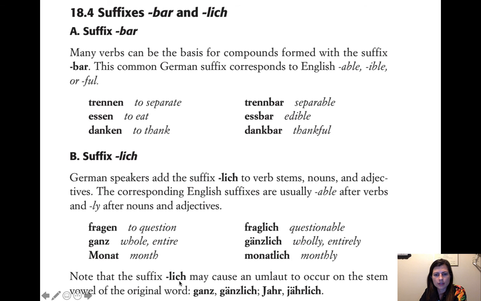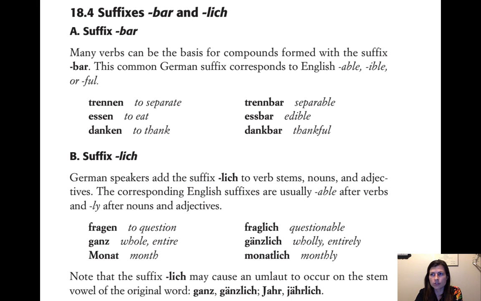Yeah, and then you can see we got the umlaut, ganz, gänzlich. Sometimes that I is coloring the vowel right there. So sometimes you get ganz, gänzlich, ja, jährlich. So jährlich is yearly, but Jahr is year with an A sound, and then jährlich, when you add the suffix, it changes the previous vowel.